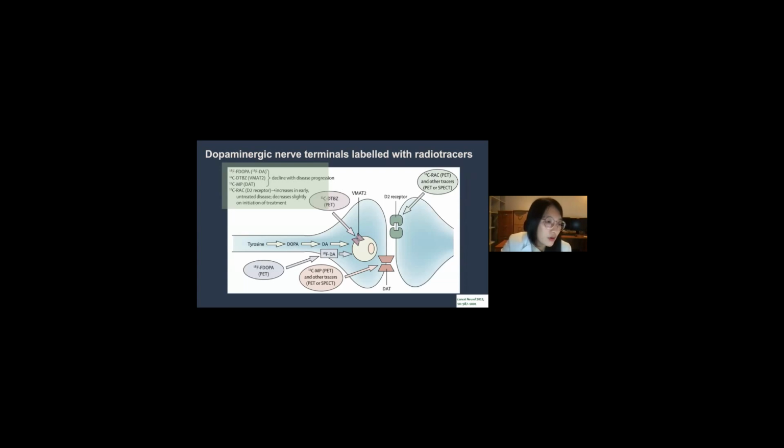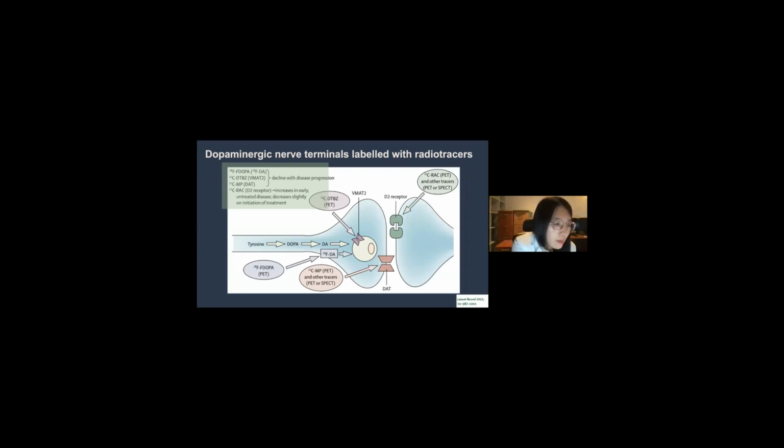This is a dopaminergic nerve terminal labeled by radiotracers. Fluorodopa is decarboxylated to dopamine and stored in synaptic vesicles in a manner analogous to levodopa medications.